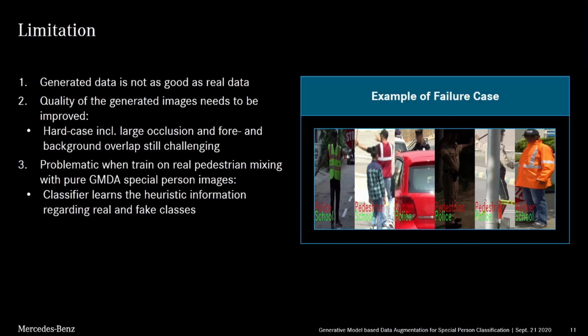The hard cases, including large occlusion and large foreground-background overlap, are still too challenging for the GMDA. Third is that training on pure GMDA images mixed with all real pedestrians becomes problematic, since the classifier learns the heuristic information regarding the real and fake classes instead of the interclass differences of the special duties.